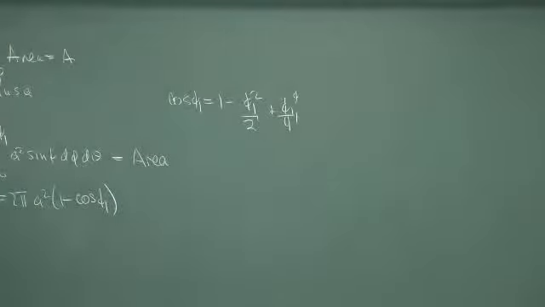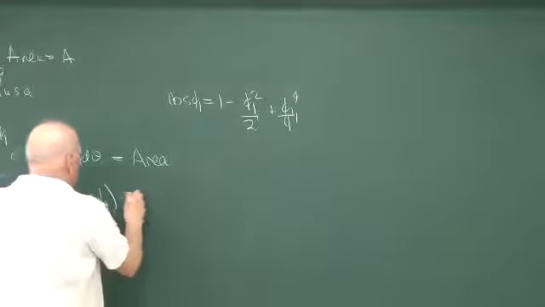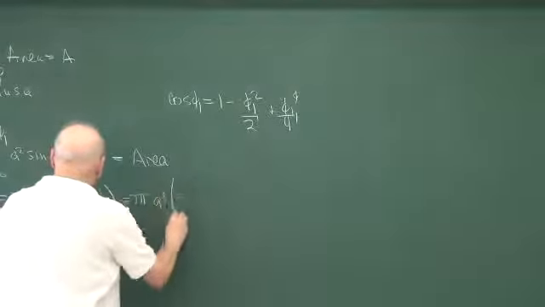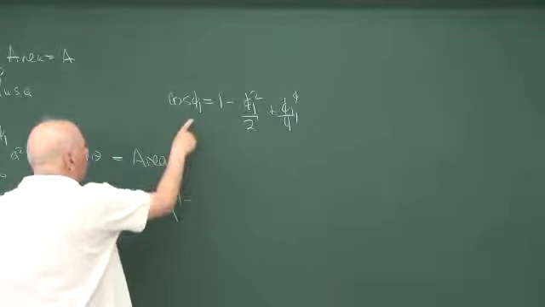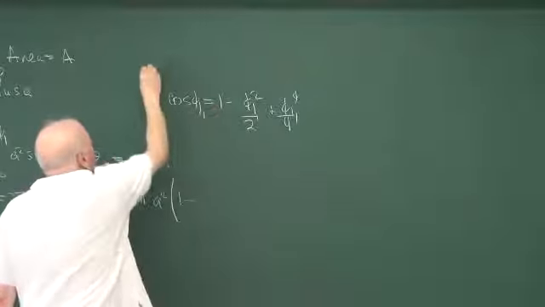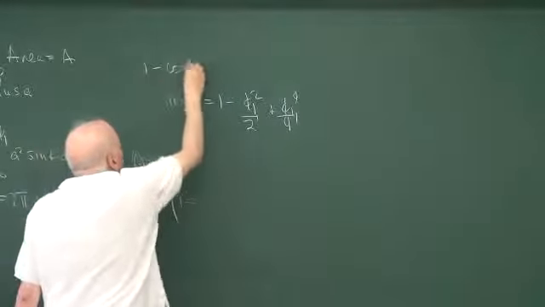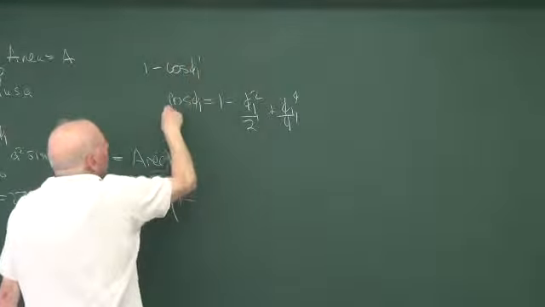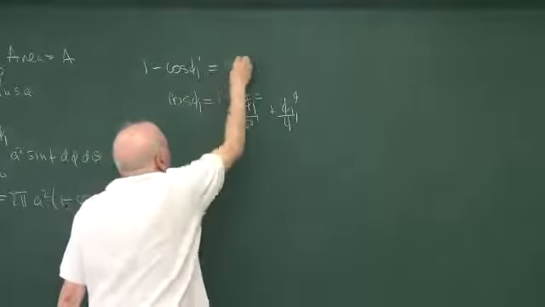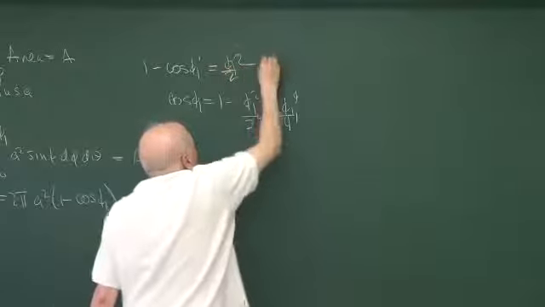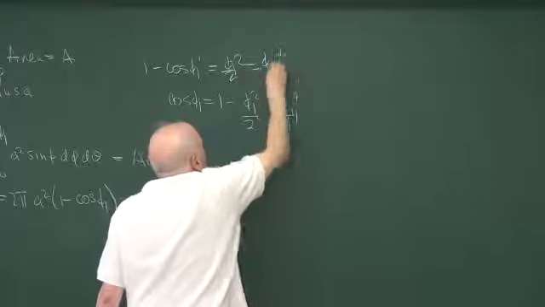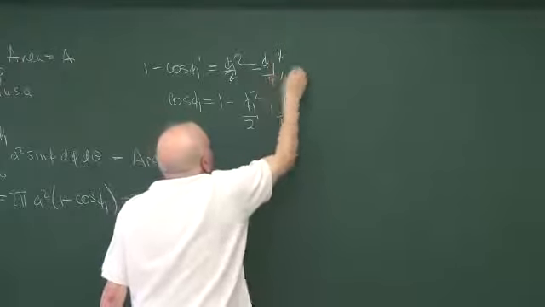So if I plug that into the formula, I get 2 pi a squared times 1 minus cosine, and 1 minus cosine, let's just write the first term. So I move this to the right-hand side, the first term is phi1 squared over 2 factorial, and the next one is minus phi1 fourth over 4 factorial, etc.